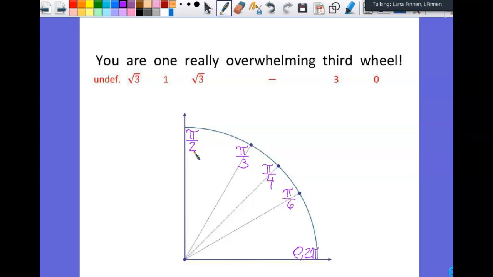Okay, so here's one way you can remember your first quadrant tangent values. Just like, please excuse my dear Aunt Sally. If you can remember you are one really overwhelming third wheel, then anytime it's like an R, or the R word, because the square root you can kind of think of as an R, I think is the idea here. So we start up here. U for undefined.